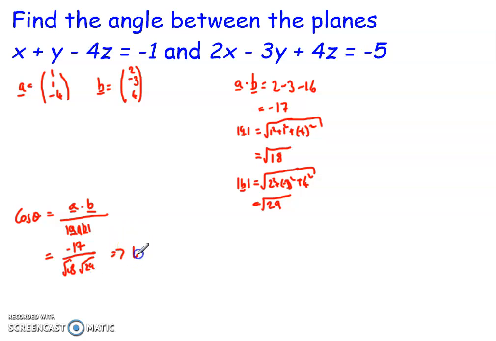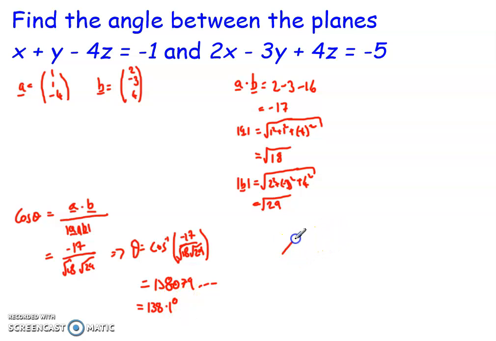From that, theta is inverse cos of that, so theta is cos minus 1 of negative 17 over root 18 root 29. And when I calculate that and work it through, I get 138.079, and it continues. So that would be the equivalent of 138.1 degrees. Now that's an obtuse angle.